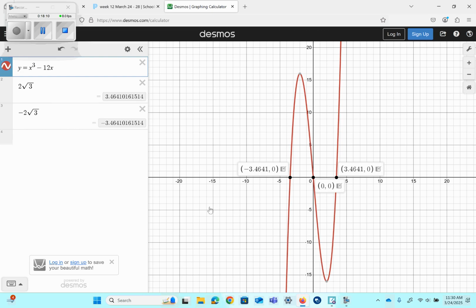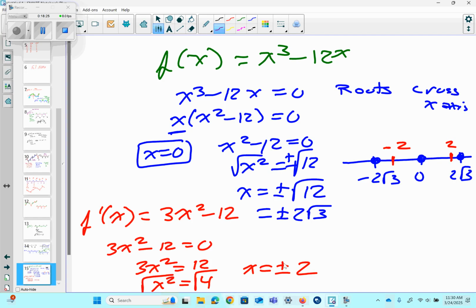The 0 exists there. But if you remember, when I took the derivative and set it equal to 0, we got negative 2 and positive 2. So this plus or minus 2, the derivative is basically where a max or min takes place.